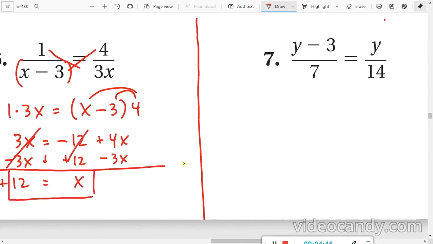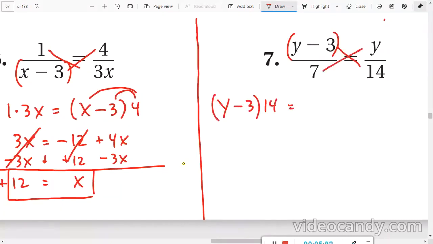All right, number 7, use parentheses. Okay, top times bottom, y minus 3 times 14. And then bottom times top is just 7 times y. All right, distributing the 14. 14 times negative 3 is negative 42. 14 times y is positive 14y.